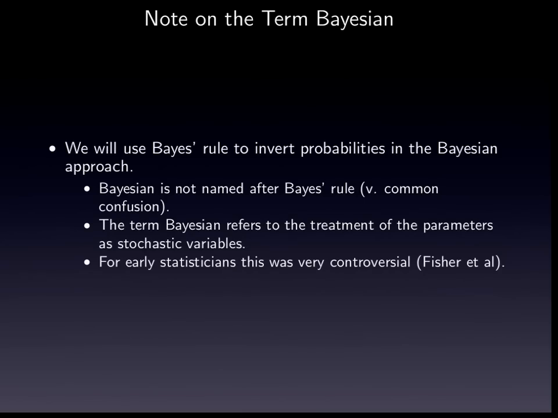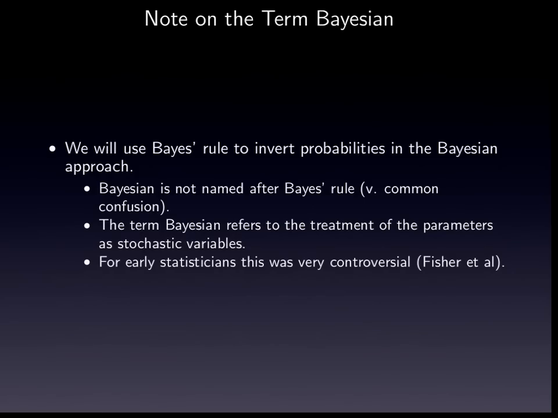And this is something that in his paper, Thomas Bayes did. And for early statisticians, this was very controversial. Oddly, for very early physicists like Gauss and Laplace, it wasn't controversial at all. They did it all the time. So there's some controversy that arose through statistics, but never appeared in physics. And for me, it's not controversial, but I'm just letting you know that some people think it's controversial.